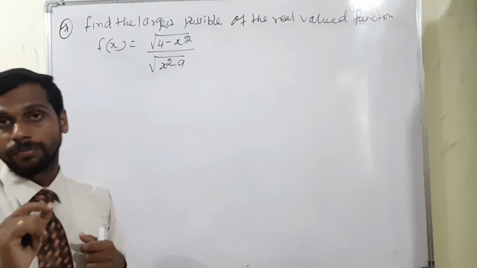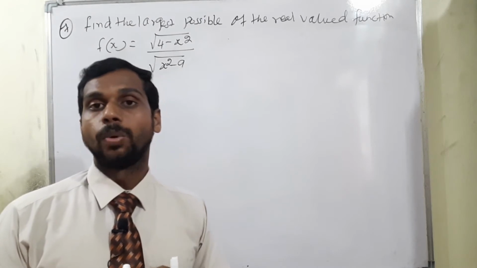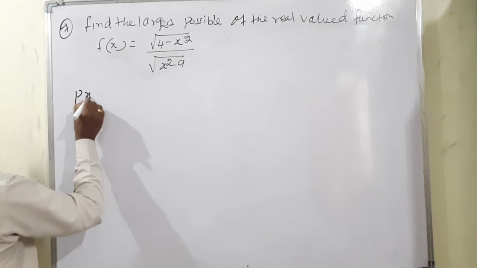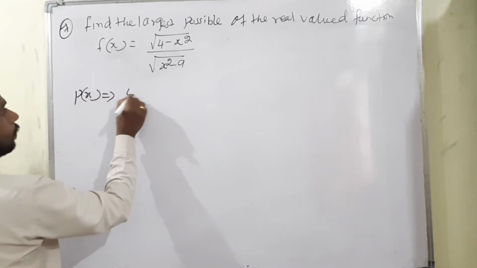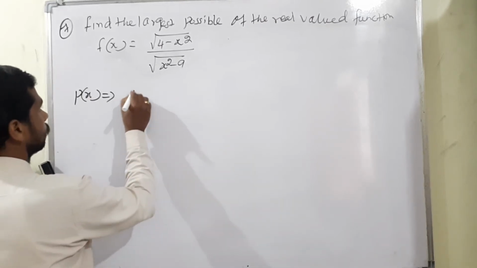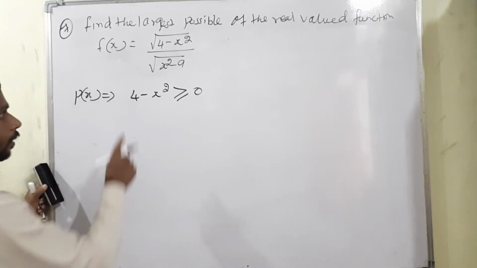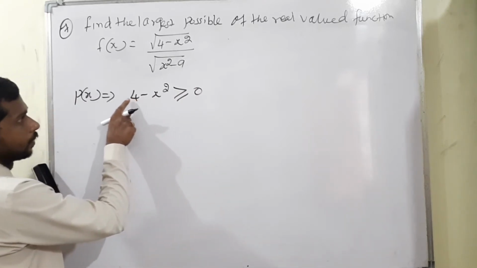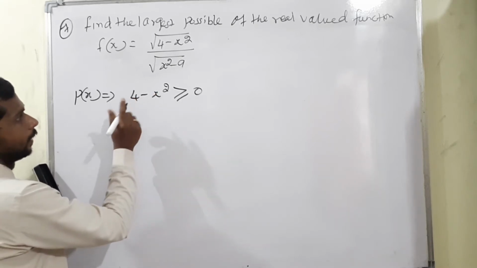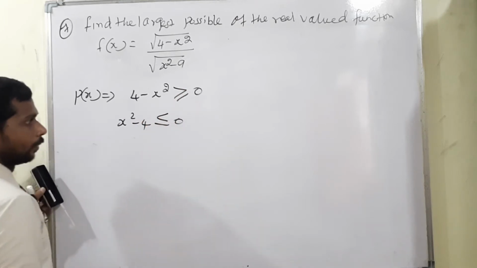Otherwise, if the value under the square root is negative, it is not a real value, only imaginary. So I will consider the numerator, take it as p of x, 4 minus x square, always greater than or equal to 0. Each time starting with 4, and starting x square we multiply by minus, so x square minus 4 with the inequality symbol less than or equal to 0.